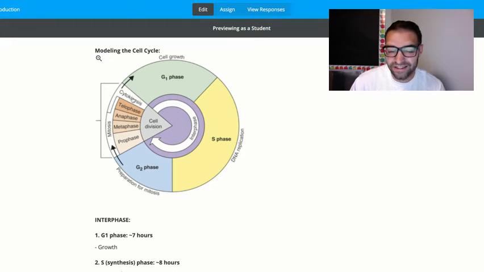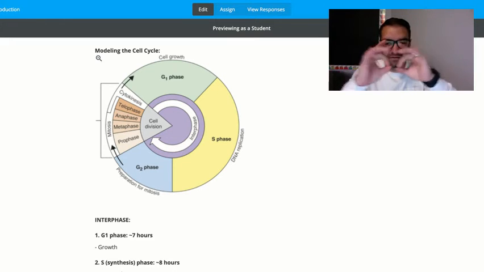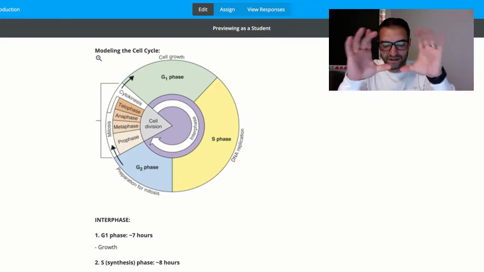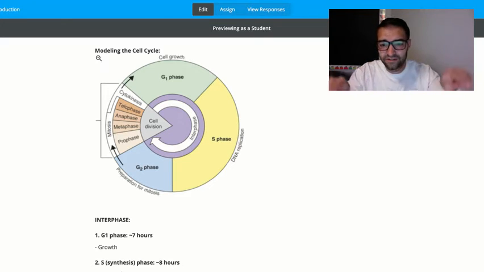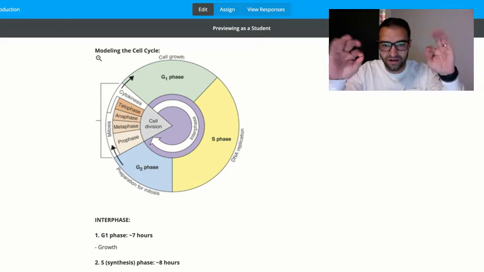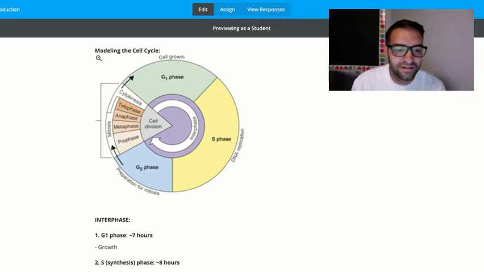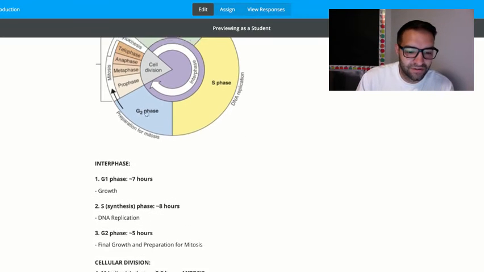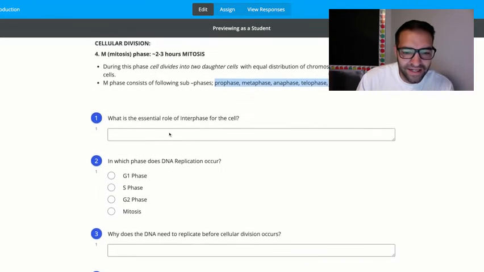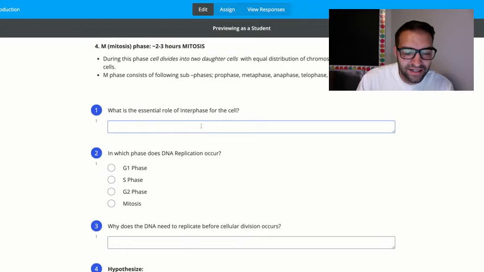And the cytokinesis part is the final conclusion where the new cellular membrane closes off, and now you have two new cells. And so that's why cytokinesis is labeled here as its own piece, because it's no more division, it is the division. All right, and hopefully that gives you enough.